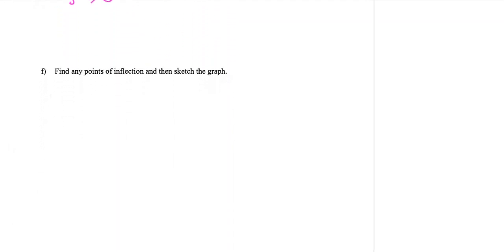Find any points of inflection. Okay, so now I do need my second derivative. So second derivative, when I'm differentiating negative cos, the 1 disappeared, remember? We do get back to a positive sine x. We make that equal to 0. So when does sine x equal 0? Sine x is 0 at 0.